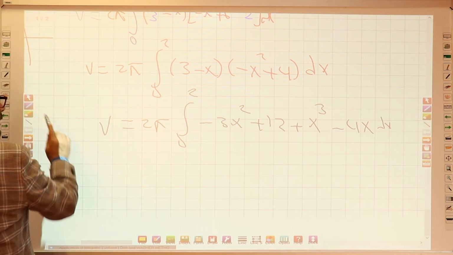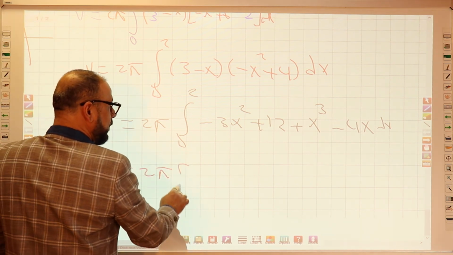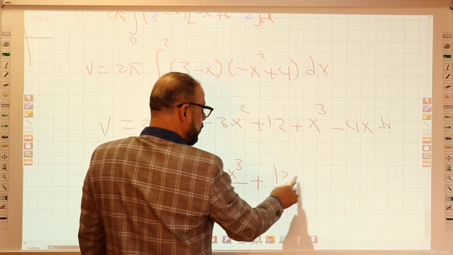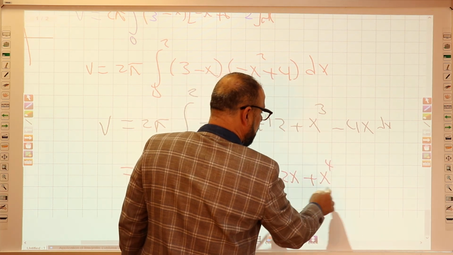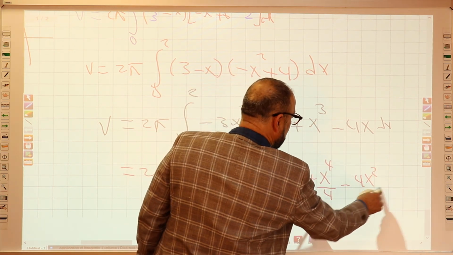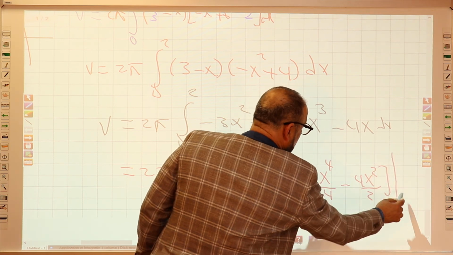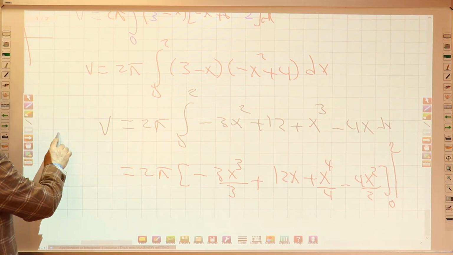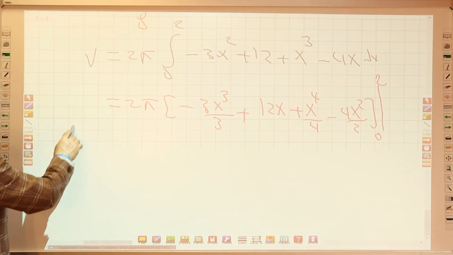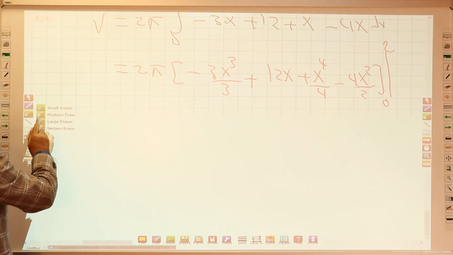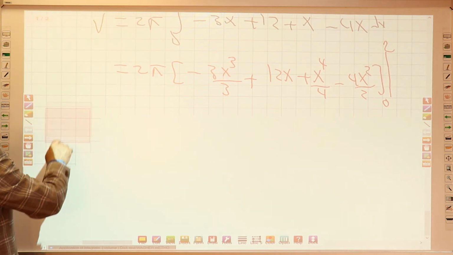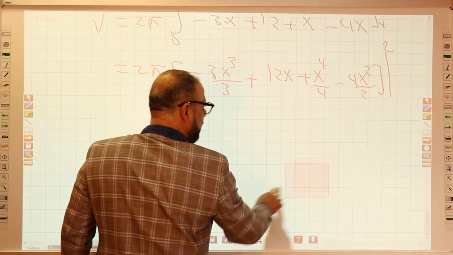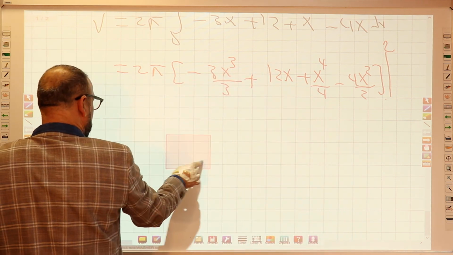Two pi times negative 3x cubed over 3 plus 12x plus x to the fourth over 4 minus 4x squared over 2, from 0 to 2. You should know how to integrate very quickly. If you are in calculus 2, you are very, very smart, and I'm positive all of you are smart.